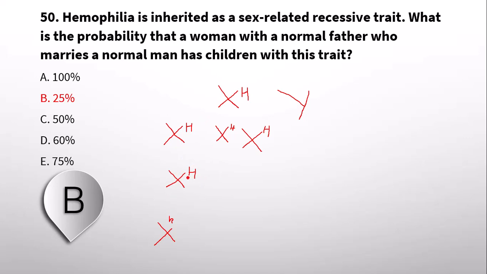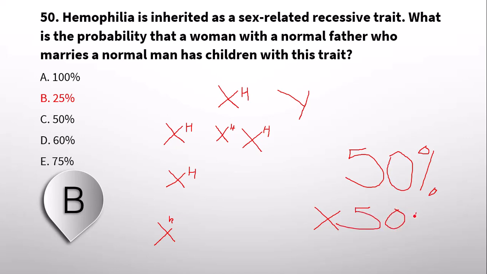The probability of her being a carrier in the first place is 50%, multiplied by the probability of her having a child with the trait, which is still 50%. That's half times half, so it's going to give us 25%. So I hope I explained right.